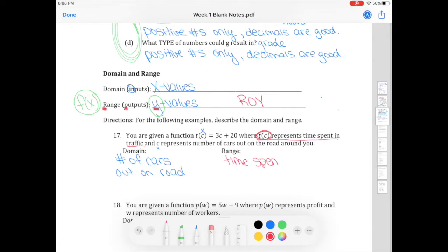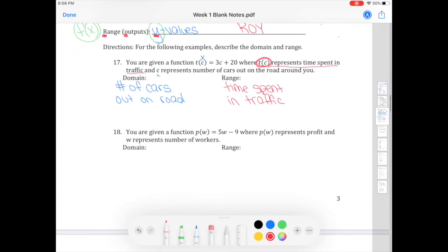And that represents the time spent in traffic. So your range is the time spent in traffic. Once you finish up that one, I want you to actually pause the video again and try 18 on your own. When you come back, we'll go over it.